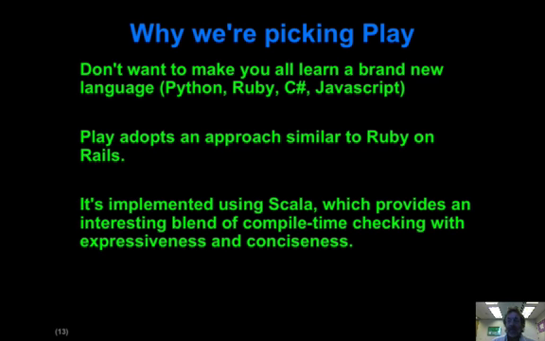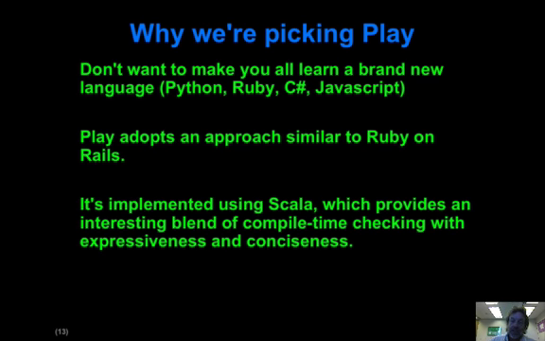I don't want to do that. I want to spend the semester learning other stuff, so I want to stick with Java. And in the Java space, my feeling at the moment is Play is kind of the coolest framework out there right now.